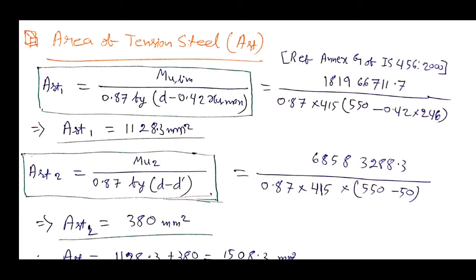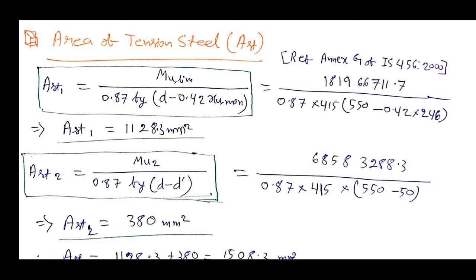So the value of AST2 will be 380 mm square. These two formulas are already given in Annex G of IS 456-2000. In the previous lecture I have already shown where the formula is in Annex G, and I have written the formula there in detail. So for this you have to go to my previous video on the design of doubly reinforced beam.